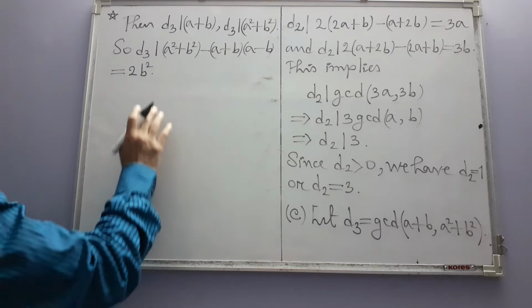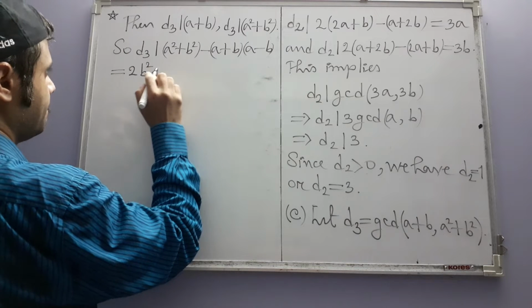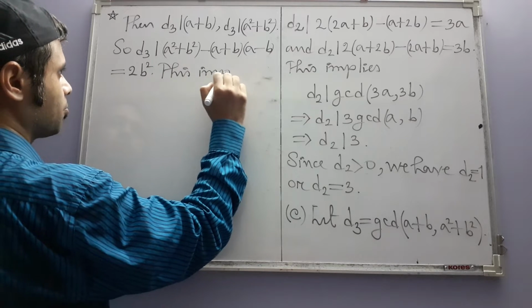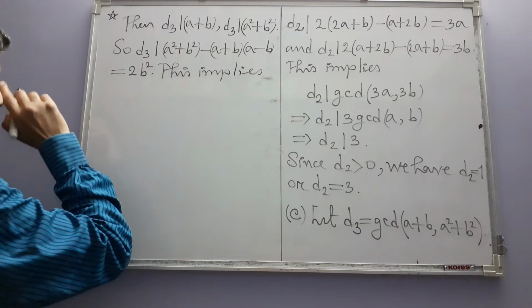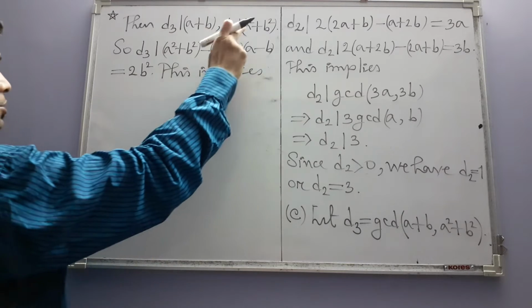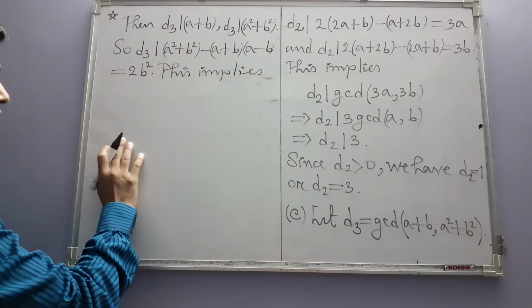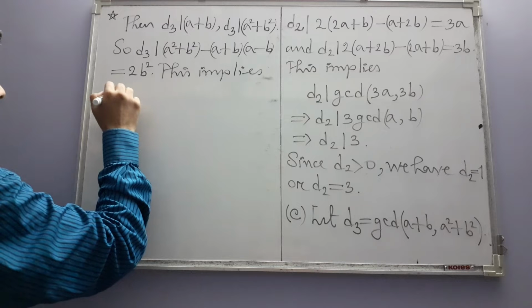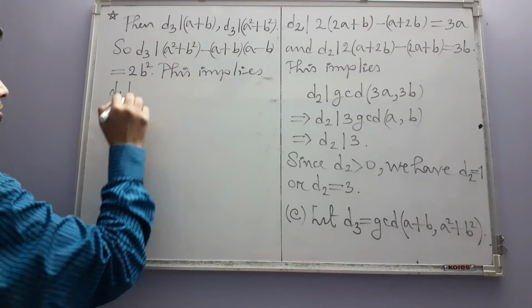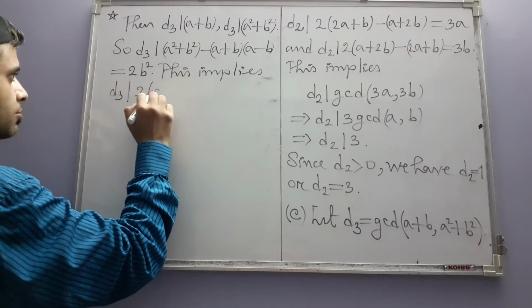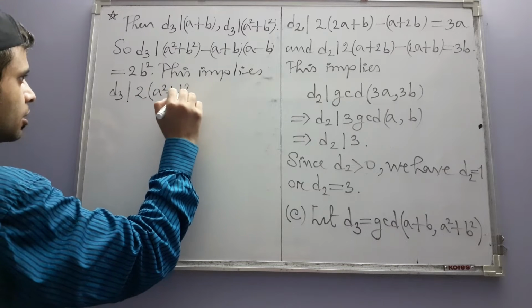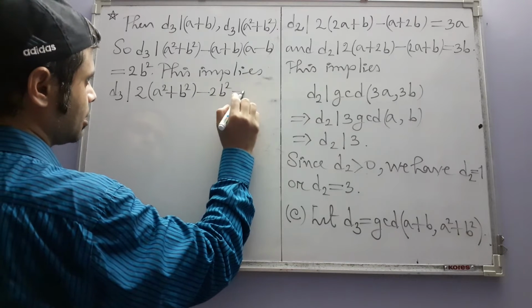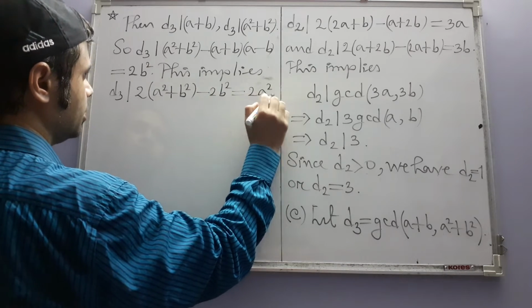Okay. This implies, now we are going to again use this one and this new divisibility relation that we have derived. This implies d3 divides 2 times a squared plus b squared minus 2b squared, and that equals 2a squared.